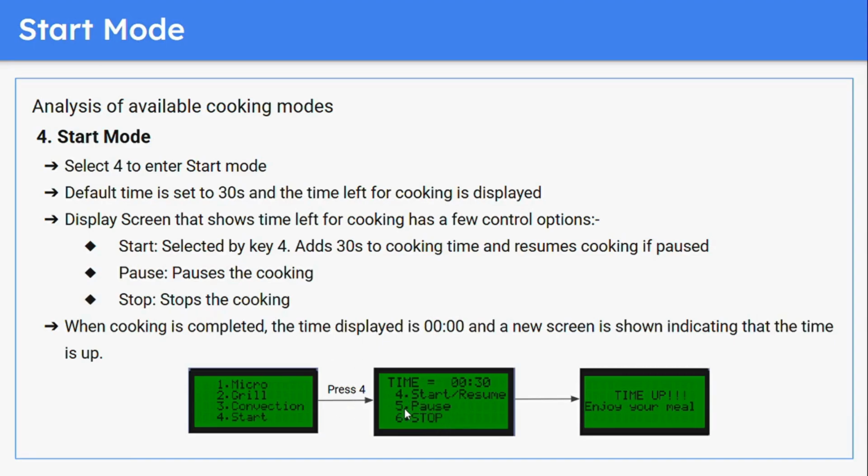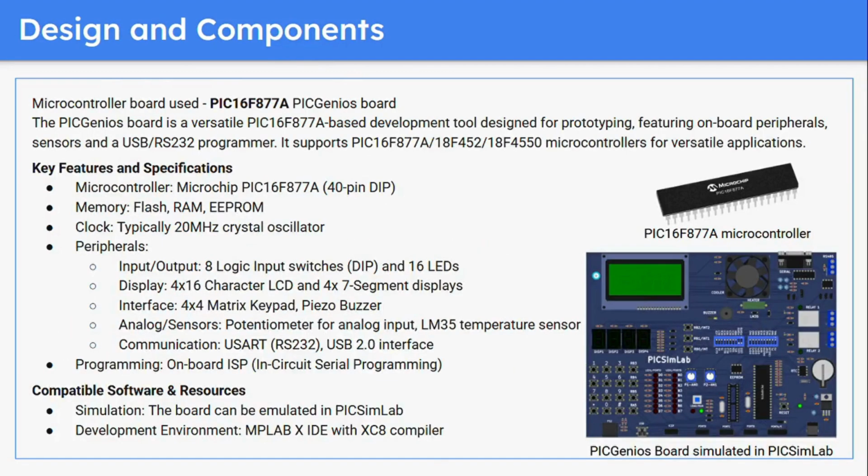In case the microwave operation is paused, then key 4 can be selected to resume the cooking. When the cooking is completed, the time displayed is 0 seconds, and a new screen is shown indicating that the time is up.